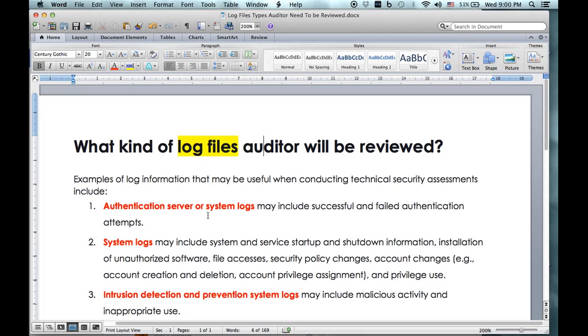So the auditor will extract the authentication server log to identify the potential of failed authentication attempts to log in from unmanaged session management. So this area the auditor treats as significant.